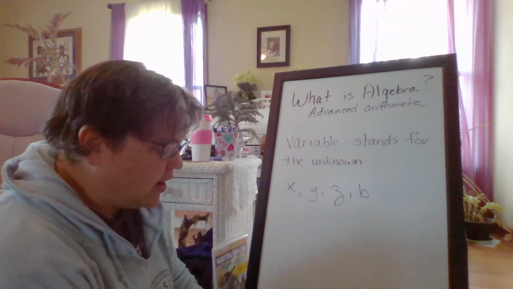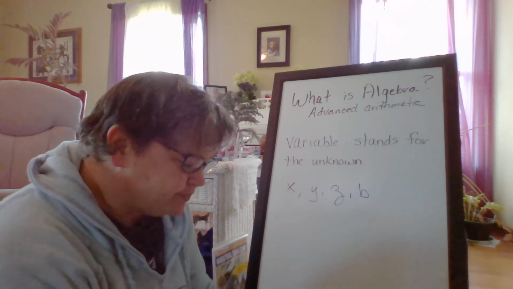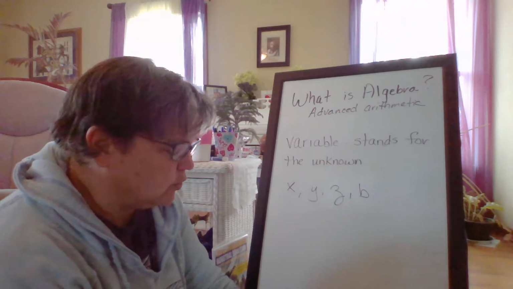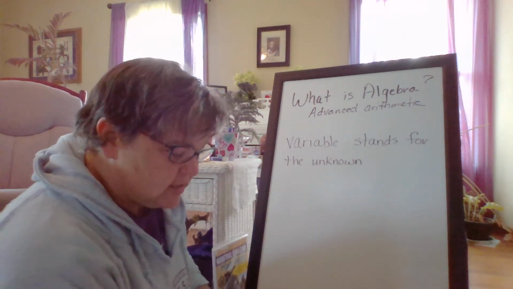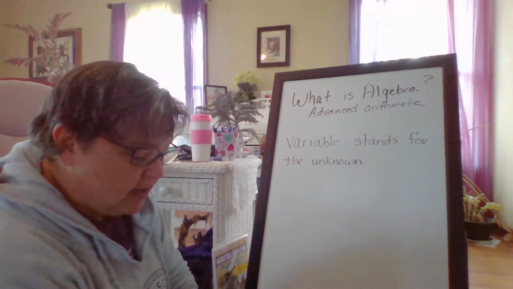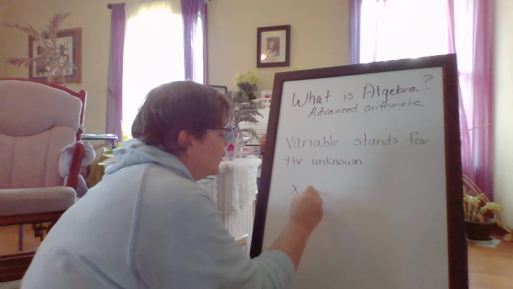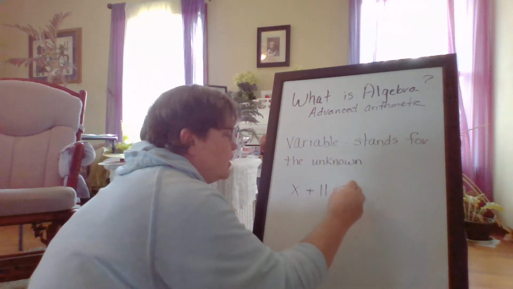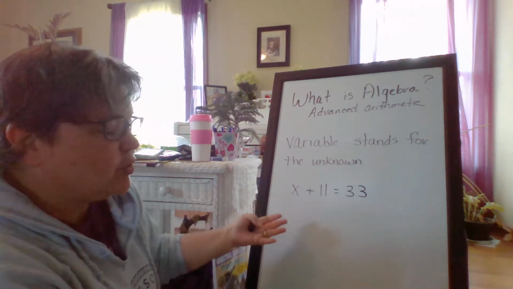So let's do a couple problems that might help you. So for example, if I have X plus 11 equals 33, we want to know what X is. And so this is a pretty easy one.